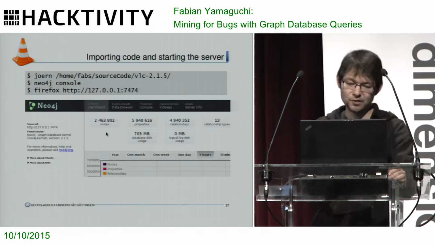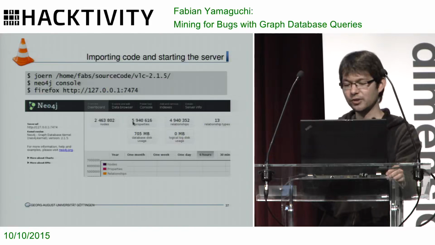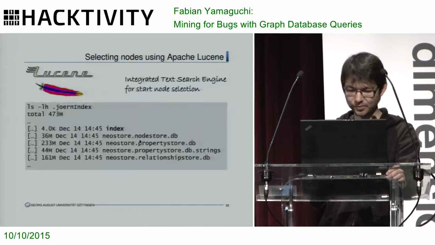So you can see that the VLC code produced about 2 million nodes, 5 million properties, and almost 5 million relationships. These are the edges in there. Yeah, and it takes about 705 megabytes.